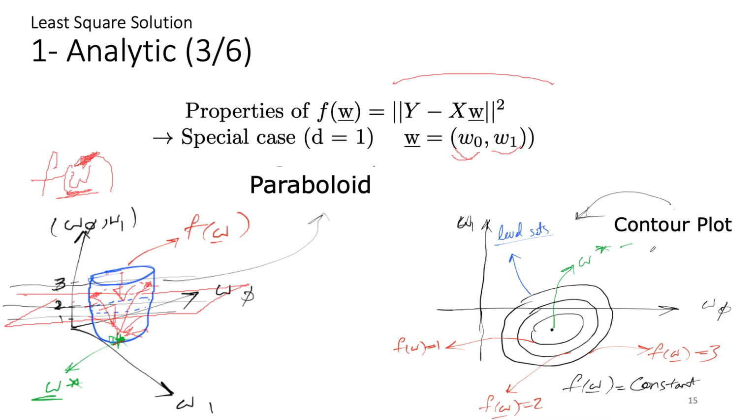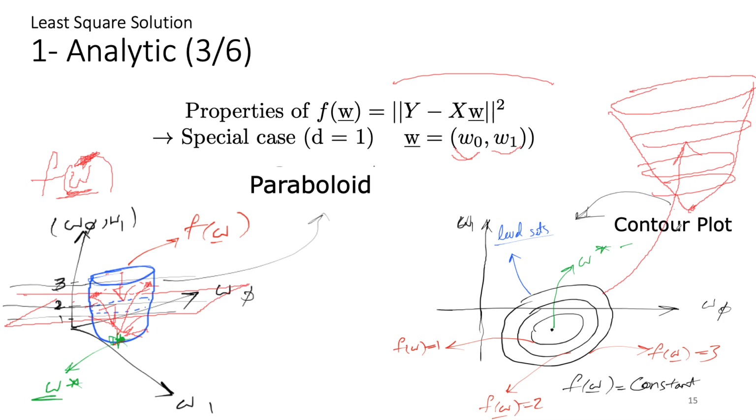So this represents your highest level, and this represents your lowest level, which was W star, right? Because you had this, this, and this. Okay, so now in this contour plot we have different level sets.